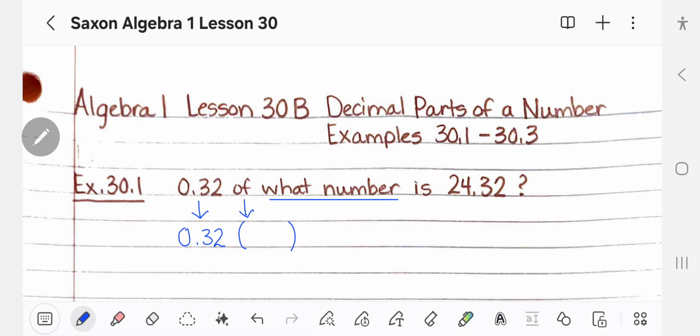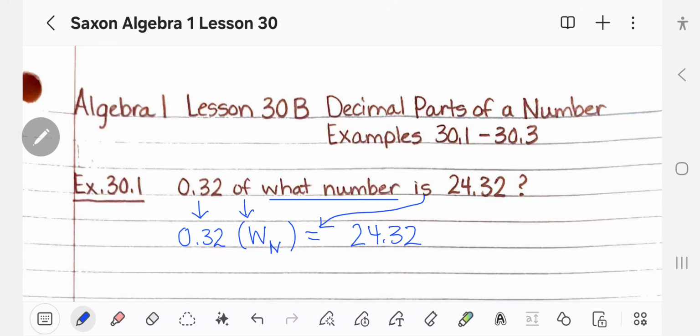Well, before in our fractional video, when we weren't sure what the number was, we used "what number," and I used a subscript n so it didn't look as confusing. Is equal, and then I write 24 and 32 hundredths.